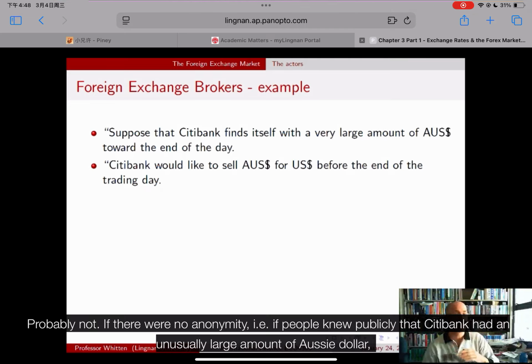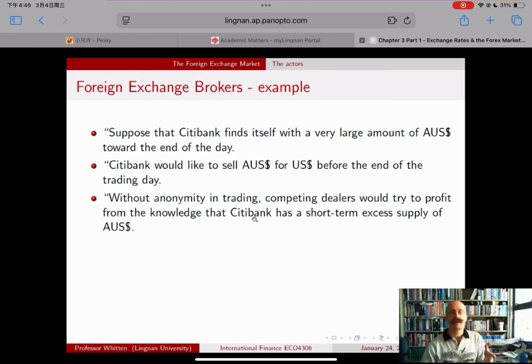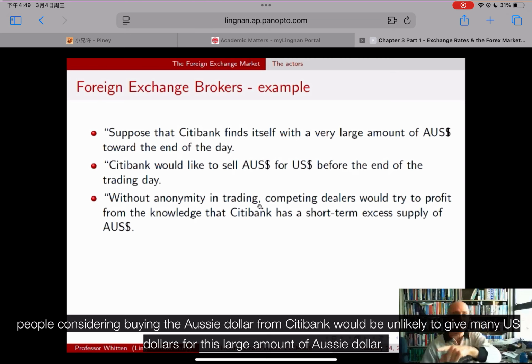Probably not. If there were no anonymity, if people knew publicly that Citibank had an unusually large amount of Aussie dollar, people considering buying the Aussie dollar from Citibank would be unlikely to give many US dollars for this large amount of Aussie dollar.